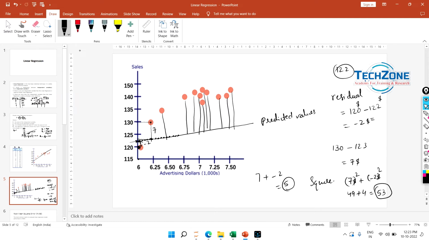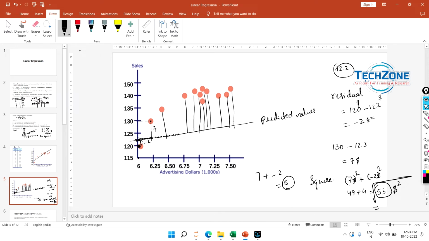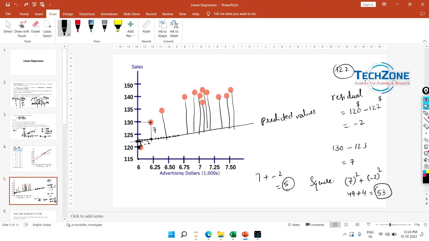So this amount 53 is in dollars squared. We have changed the units. So to bring dollars squared back to dollars, we will find the square root of this. I hope this is clear. We got 53 here.